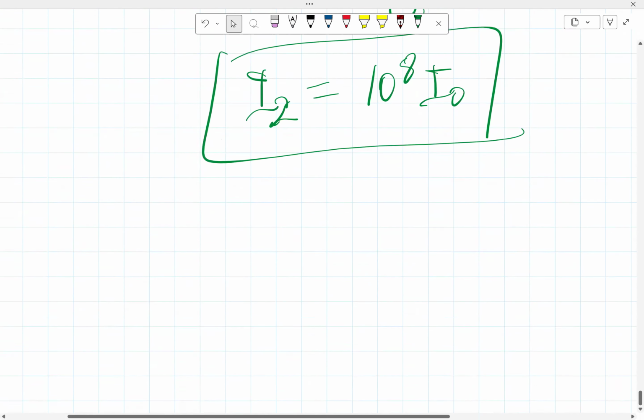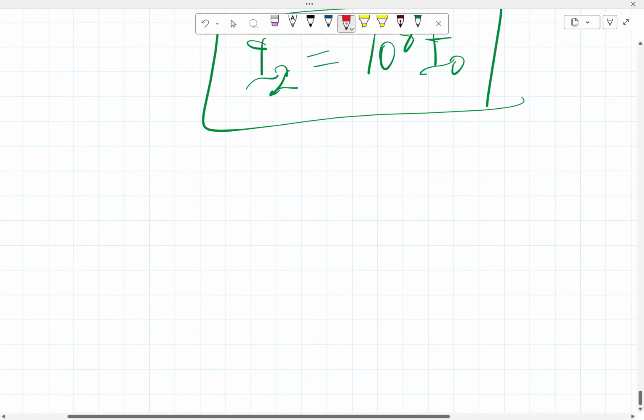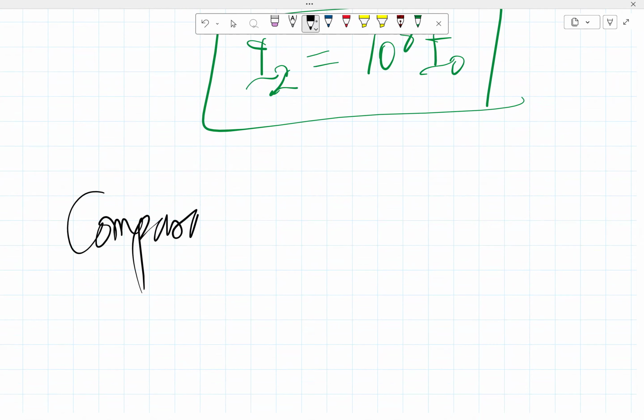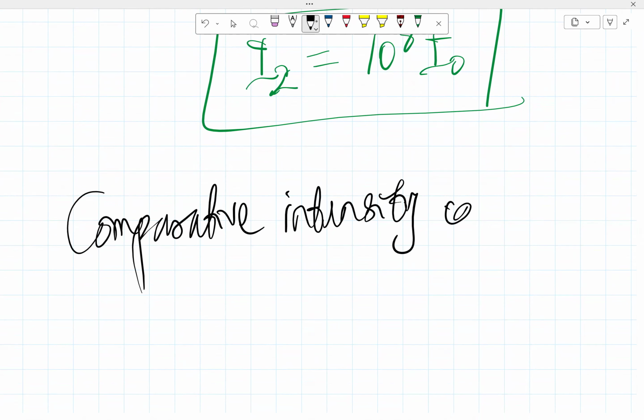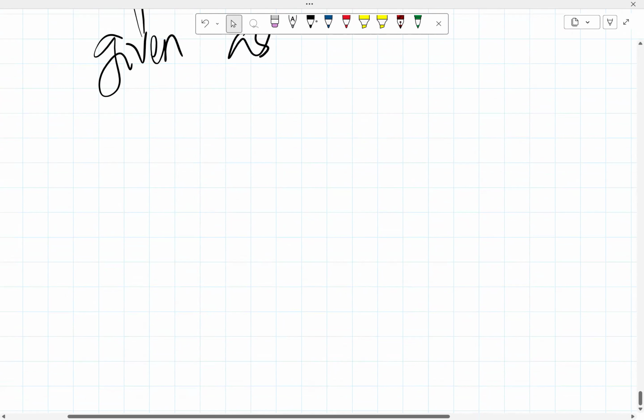Let me say comparative intensity, just allow me to use that word. Comparative intensity can then be given as I2 over I1.